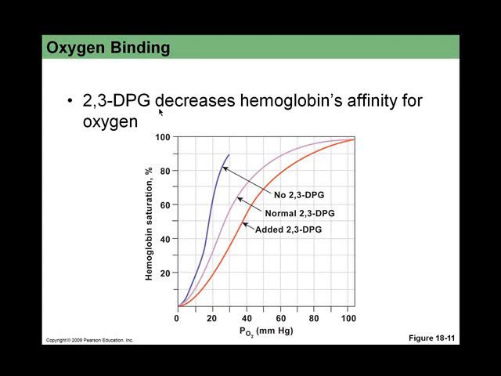When they decrease, then the 2,3-DPG increases in the red blood cell, and then this will decrease hemoglobin's affinity for the oxygen to give it up. So when local oxygen levels are decreased, like at the tissue, then this is going to increase, and it's going to favor giving up the oxygen from the hemoglobin so that it becomes dissolved and goes where it's supposed to.